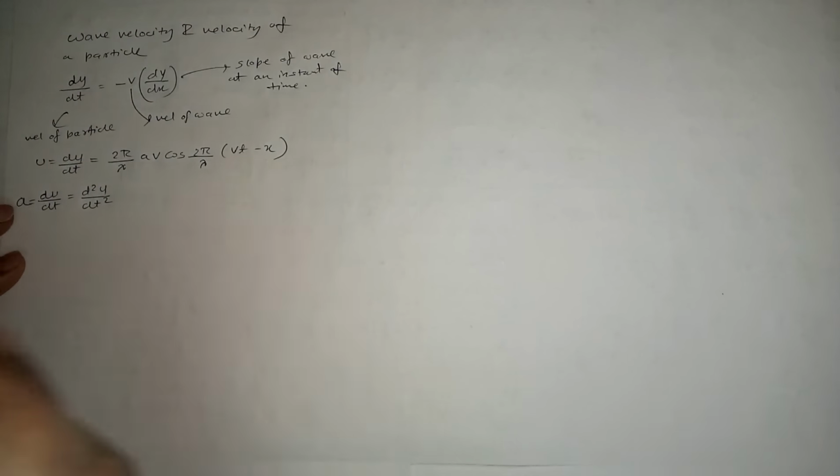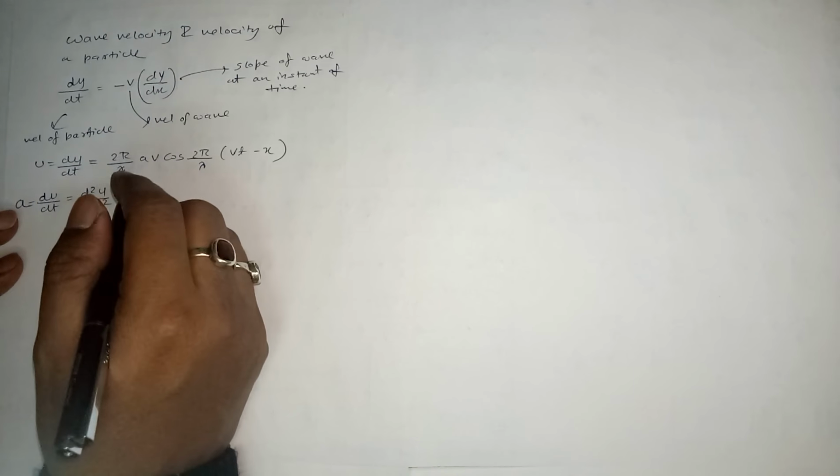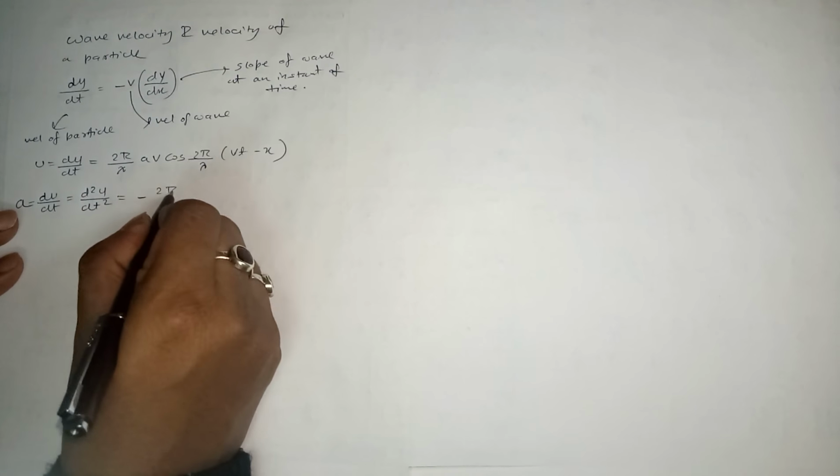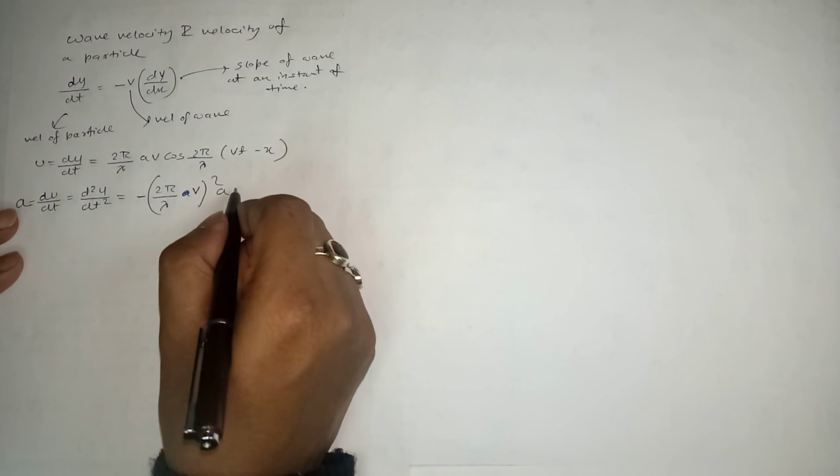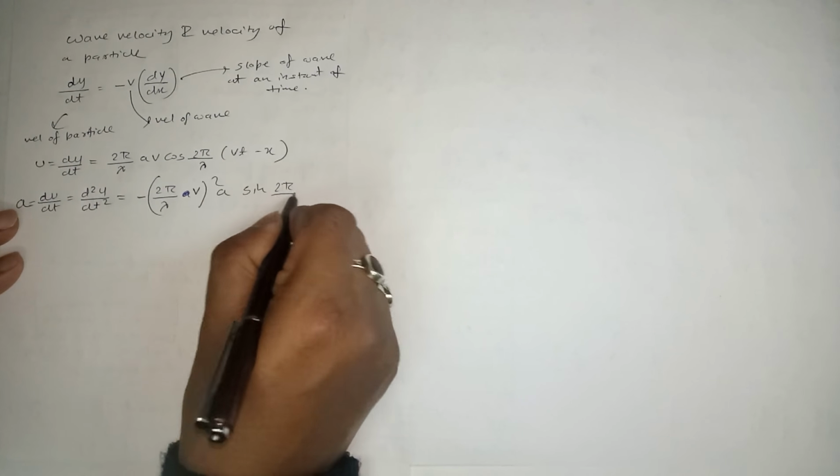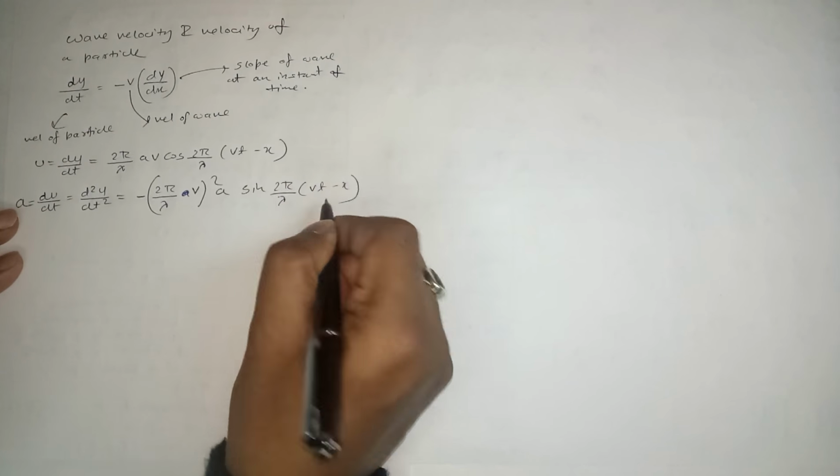Okay, now if we differentiate this again, what we will get is du by dt, which will be equal to d square y by dt square. This is nothing but acceleration. So if we double differentiate y, the equation that we will get in the end will be equal to minus 2 pi by lambda v square into a sin 2 pi by lambda (vt minus x).